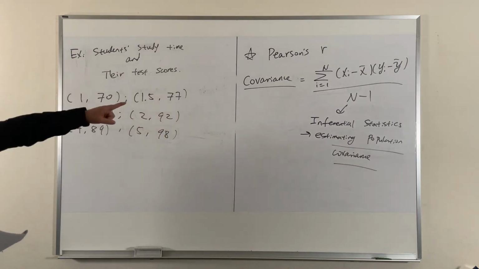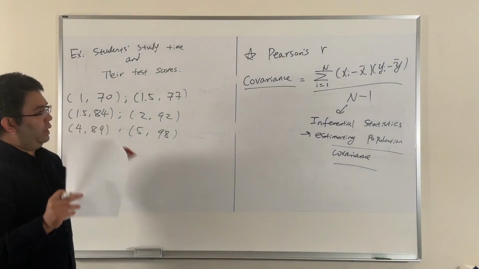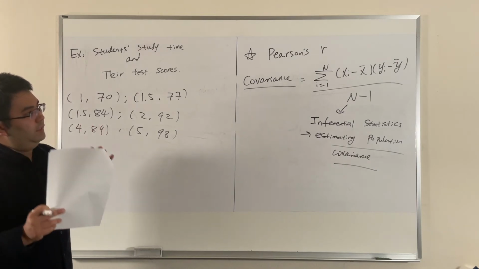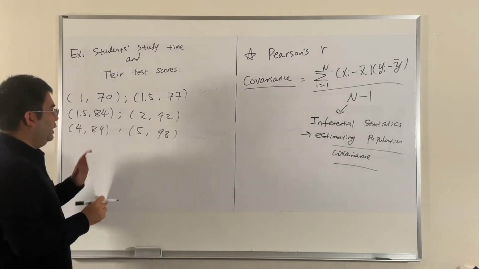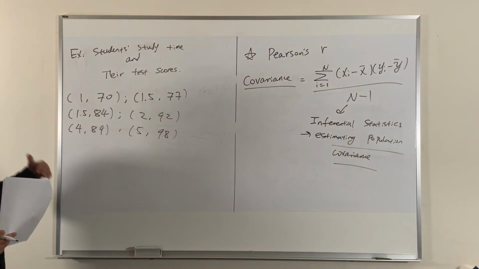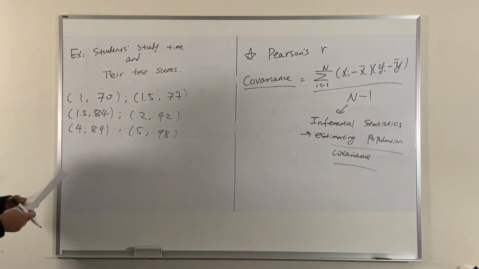First, if we want to apply the formula, we'll have to calculate the sample mean for x and the sample mean for y. In our case, we'll need the sample mean for how many hours they study and the sample mean for their test scores.